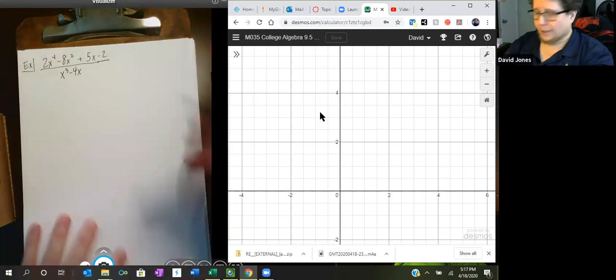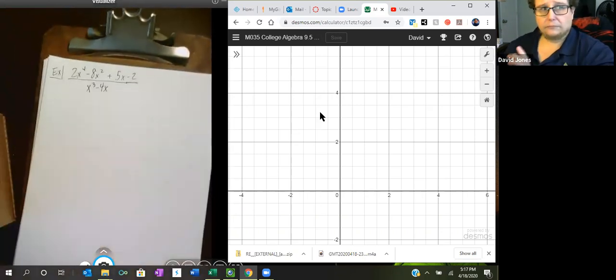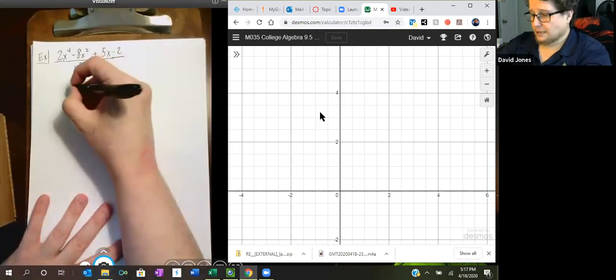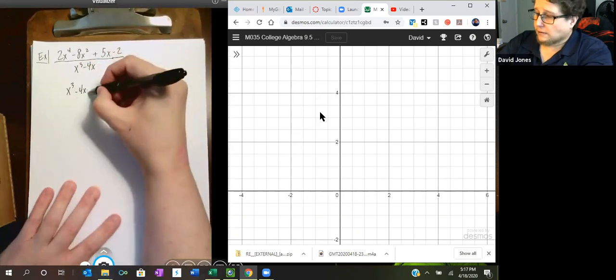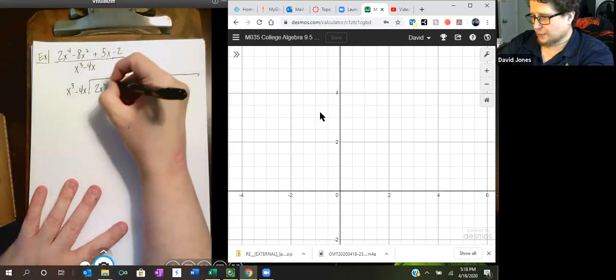Right now, the degree on top is bigger than the degree on bottom. So we're going to do long division. Remember, any missing term gets a 0 exponent.